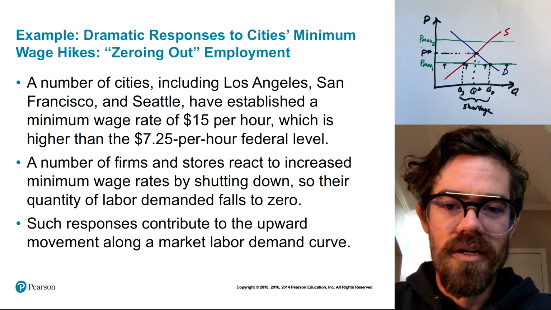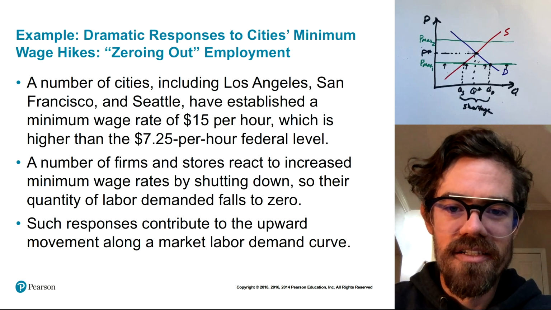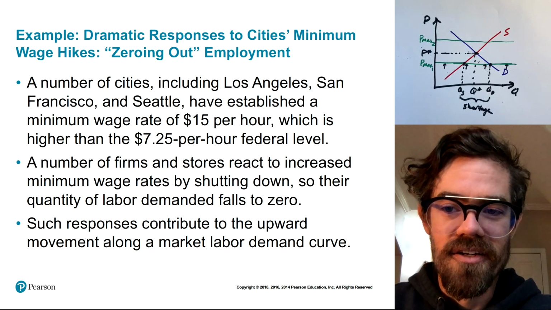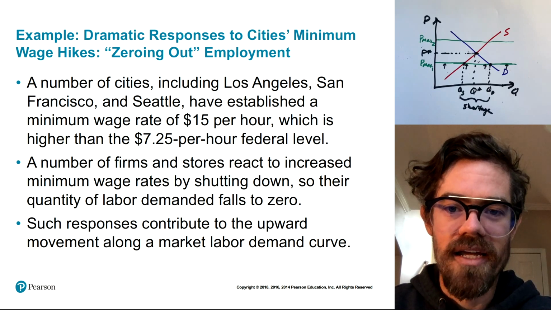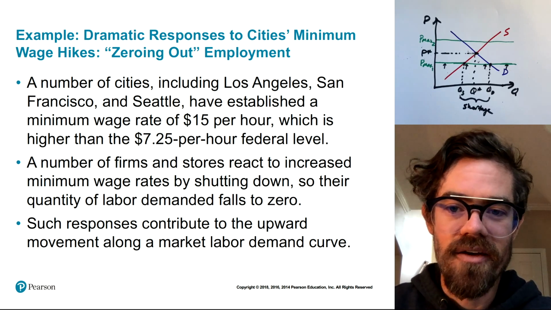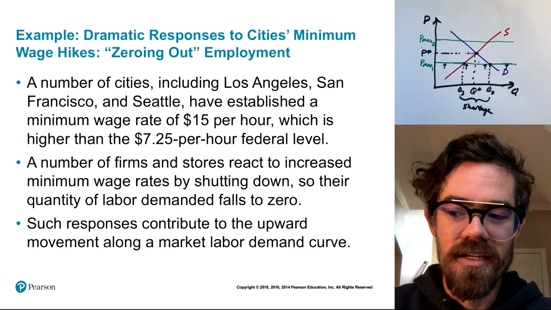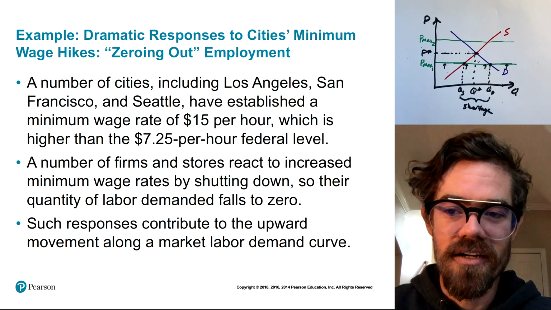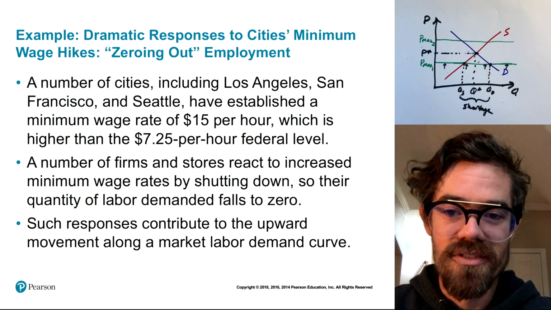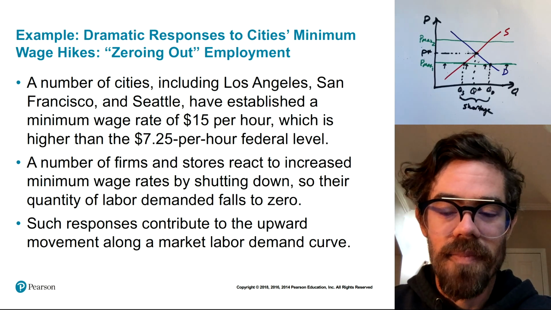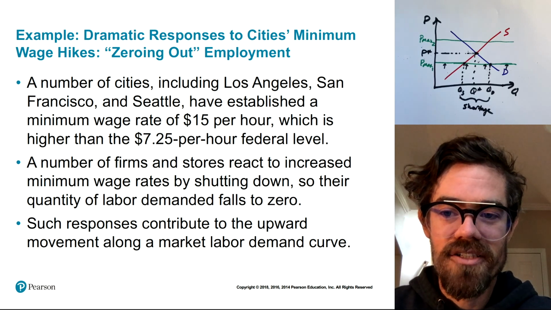A number of firms and stores reacted to this increase by shutting down. So here's another problem. Some firms and stores were not able to pay employees this much, and as a result, they had to shut down, which means they now supply zero jobs. So again, a negative consequence.